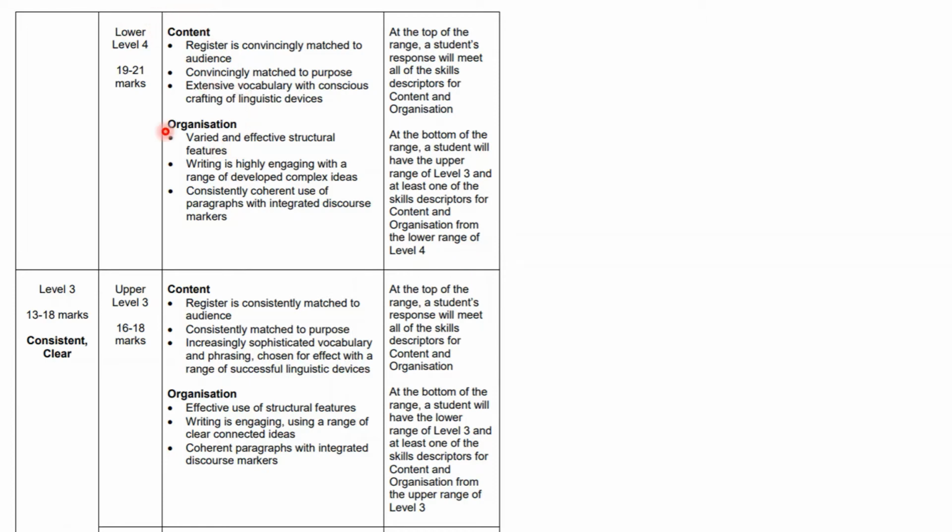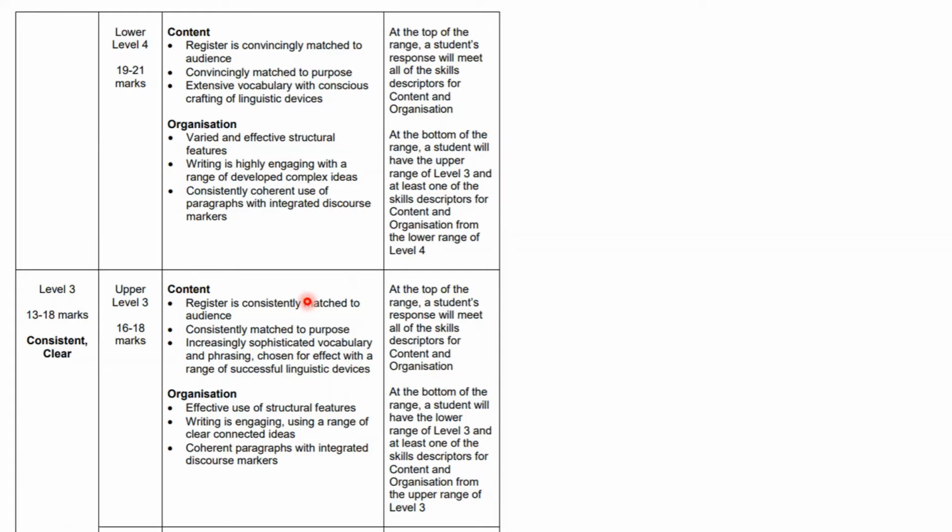And then there are different levels, just like any of the other papers, literature or language is separated into levels. At the moment, a lot of us are at a lower level 3, which is down there. So I've decided to put the upper level 3 and the lower level 4 on the screen, because these are ultimately the levels that we are going to be aiming for now.